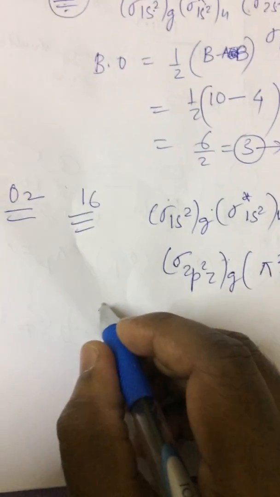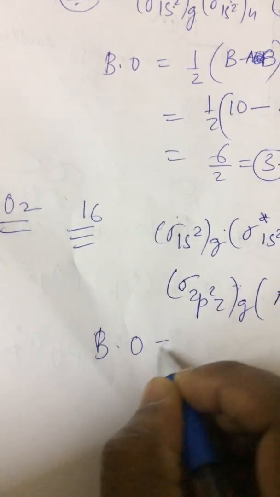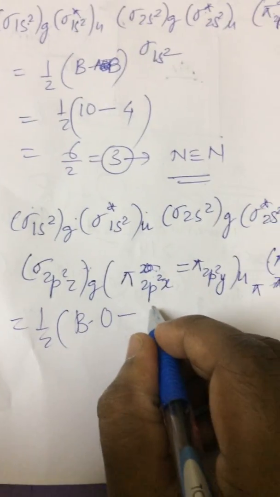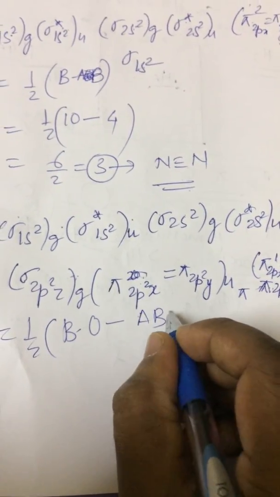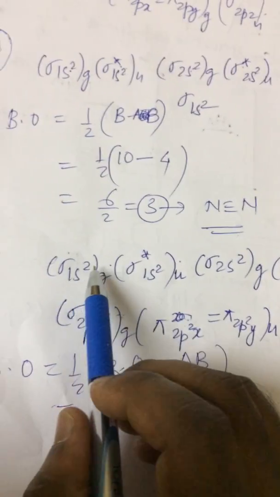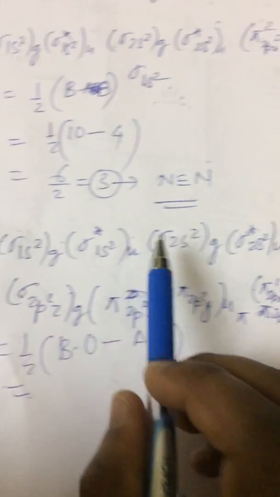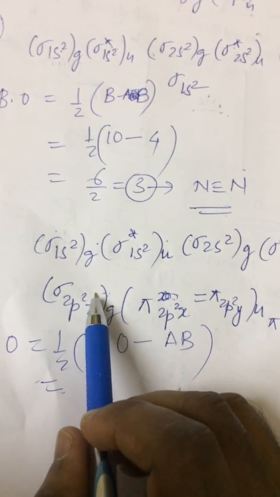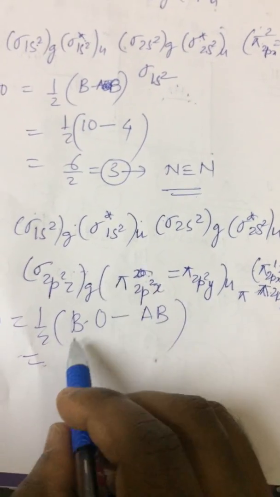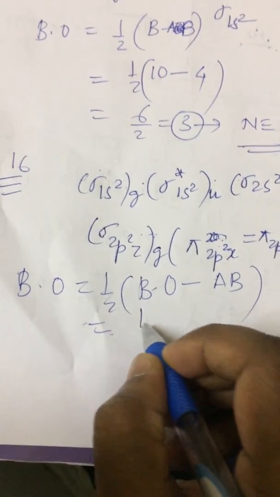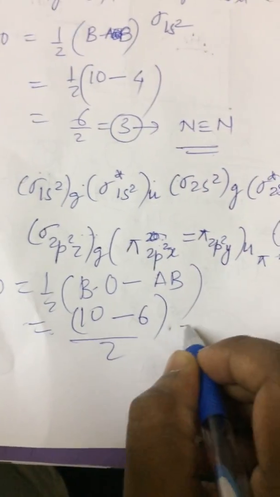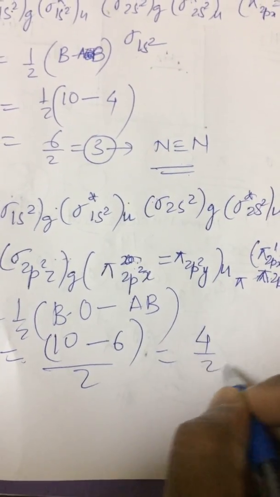So what is the bond order? Bond order is one half of bonding electrons minus antibonding electrons. Bonding is 10, antibonding is 6, so 10 minus 6 is 4, divided by 2 gives a bond order of 2.